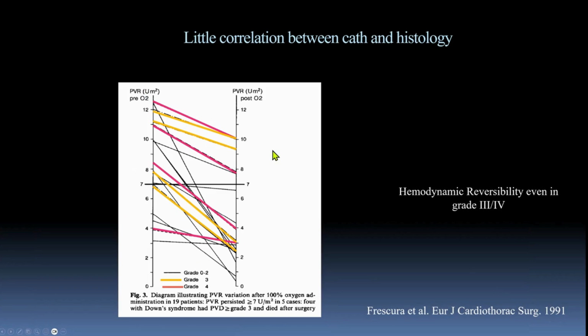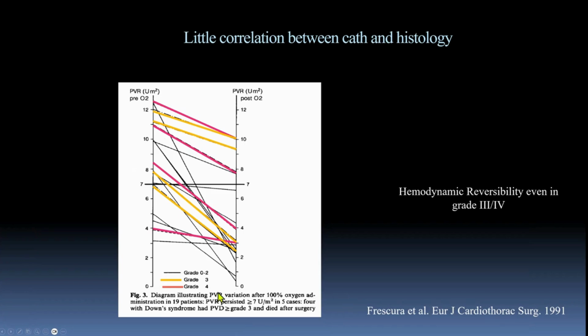But anyway, you see that you've got histology grade 4, so irreversible. But look, there are 4s that drop their pulmonary vascular resistance to actually very low levels, which makes no sense to me. And there are grade 3s that actually have very high pulmonary vascular resistance that doesn't really drop much.